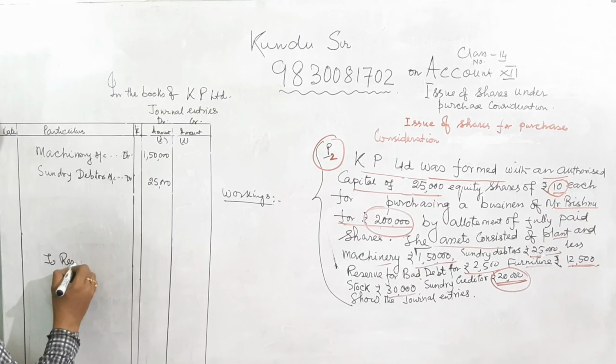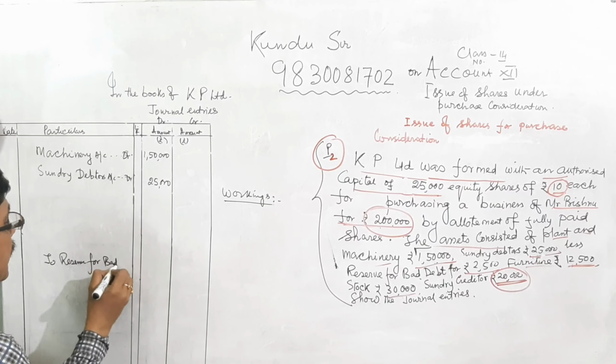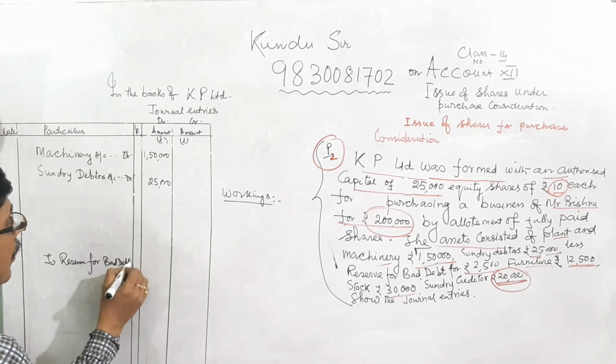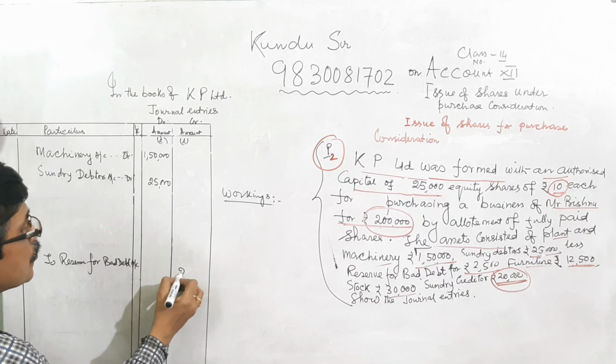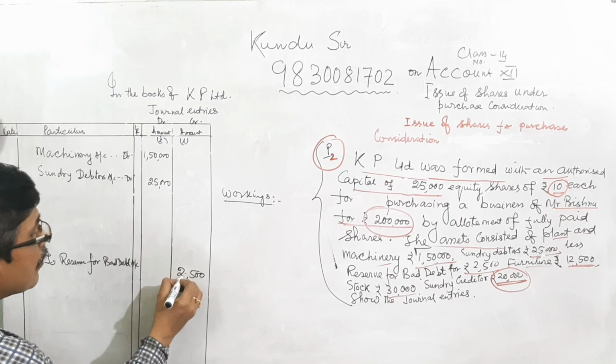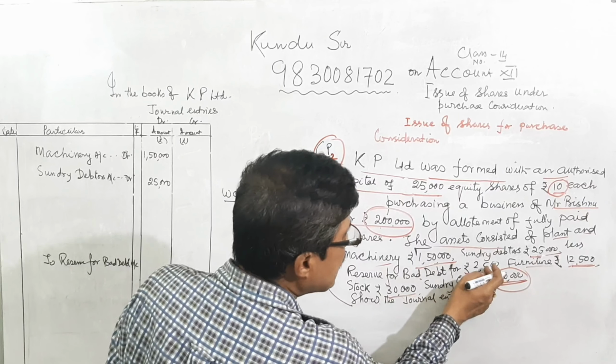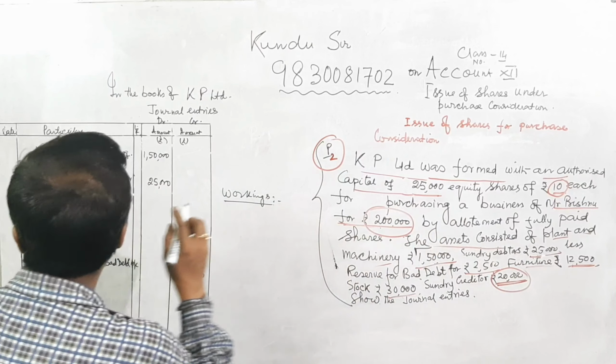reserve for bad debt. Reserve for bad debt is 2,500. Now, furniture.